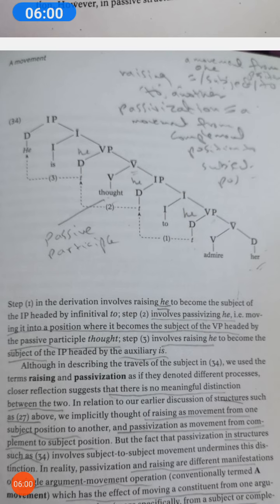Here we have subject raising. So passivization takes two different forms. Either we move the complement, the object of the verb, into the subject position, or this time we have two processes within one process: we also have subject raising, as in this example. So the second type of passivization involves subject raising. Look here: he is thought to admire her.